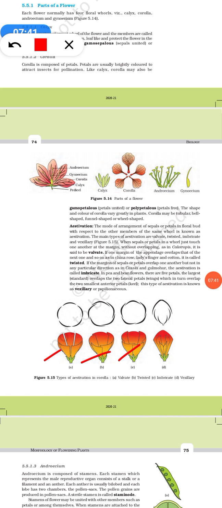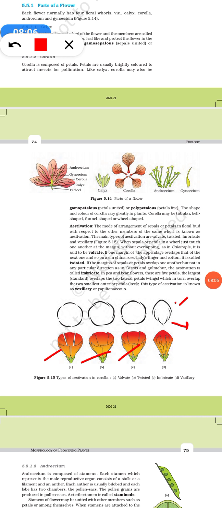And the next is if two lateral petals overlap and the other two are the anterior petals or the keel. So we have the keels over here. The down ones are keels. These are the wings. The upper ones are the wings. Okay, so we have 5 petals.